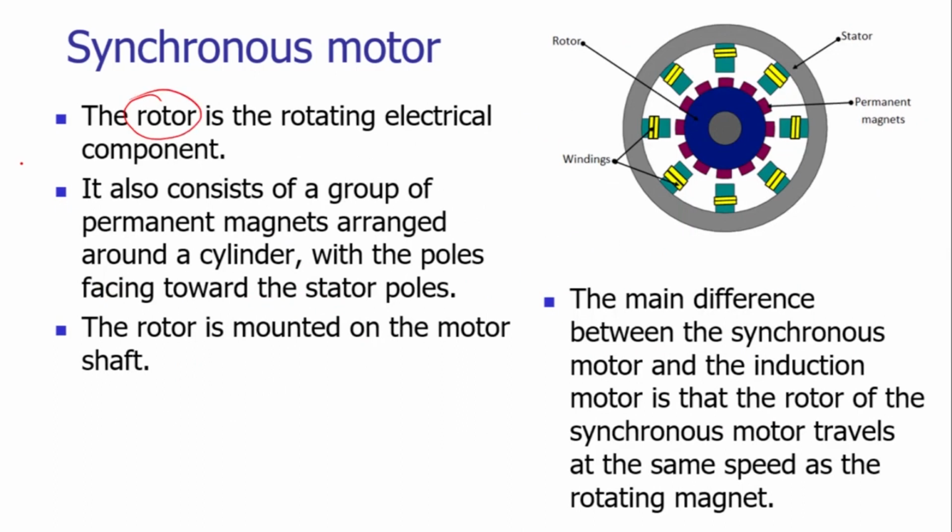The rotor part also consists of a group of permanent magnets. We need to note this point here. Till now we have seen the rotor is very simple in construction. It is a simple permanent magnet. But in the synchronous motor, the rotor comprises many permanent magnets.